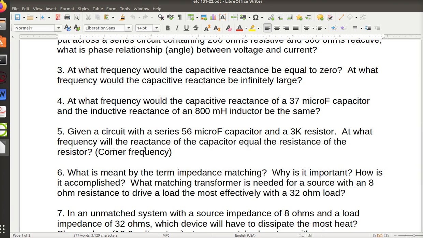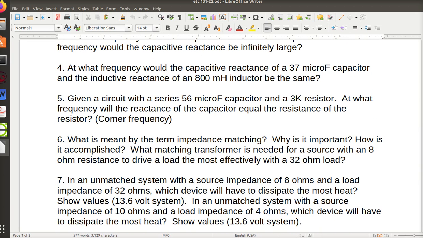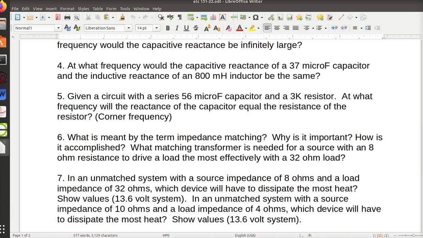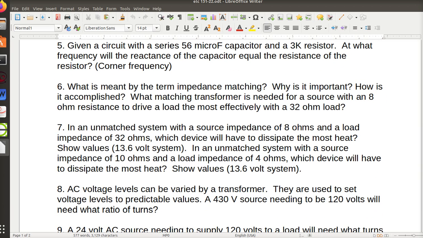So that's an important concept in terms of where we're heading in terms of filters, which is really all we can do with AC. I mean, you can do a bunch of resistive circuits like we did in DC, and you can put capacitors and inductors in there and do all that solving. But really the interesting parts are the resonance and the corner frequencies, because that's where neat stuff happens.